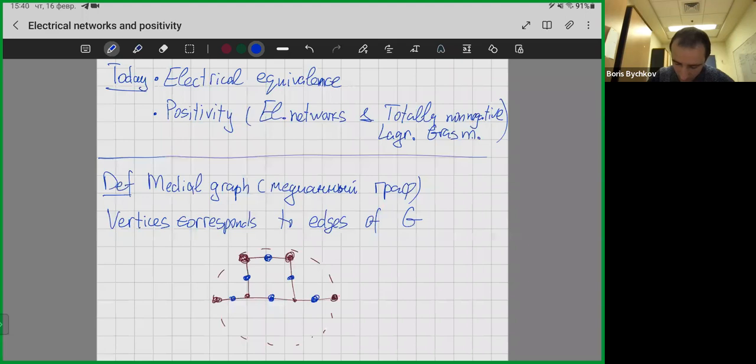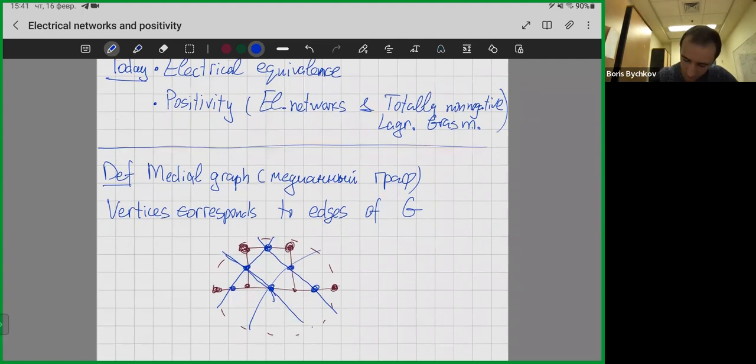So we draw something like this. So this blue will be the medial graph.